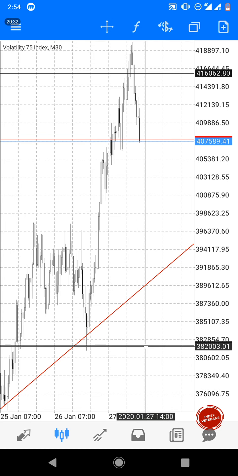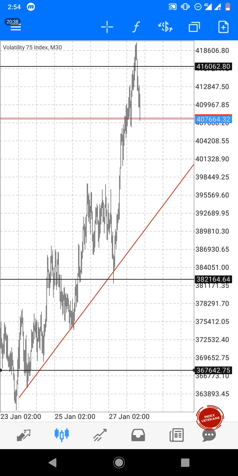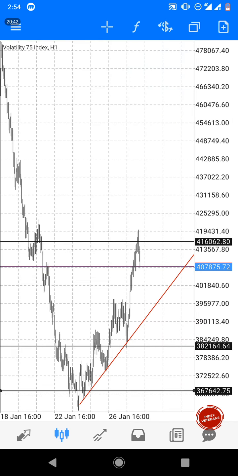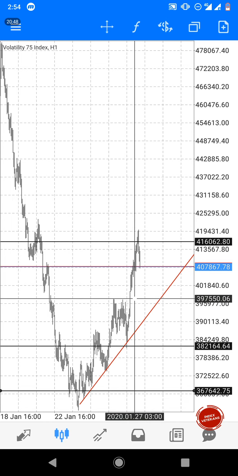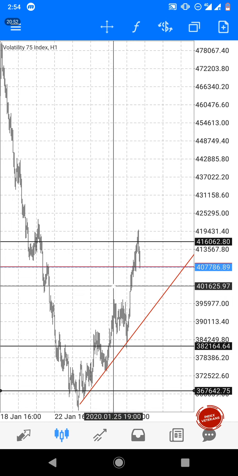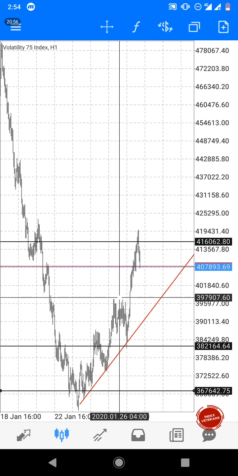Just place your sell stop here at this point, and figure in your stop loss. Actually, I didn't talk about that, but if you place your entry here, your stop loss is supposed to be somewhere here, above here. Why? Above the last higher high.